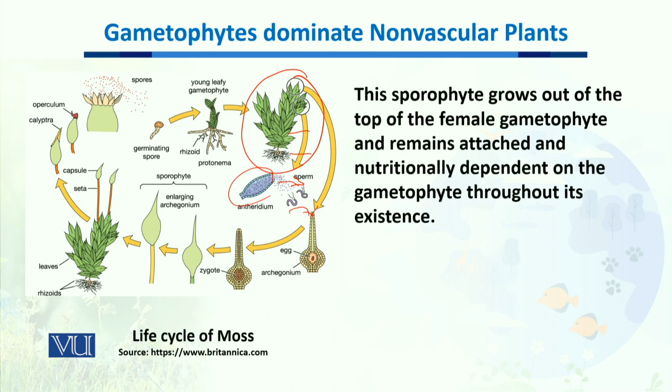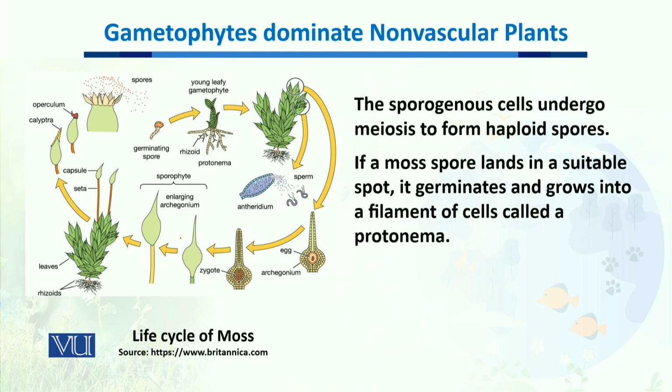Now, inside this egg, when both of them fertilize with each other, that results in the formation of a diploid zygote. Now, you can see that this zygote is not separate, but is part of this gametophyte. It grows at the tip of the gametophyte, and it has a capsule.